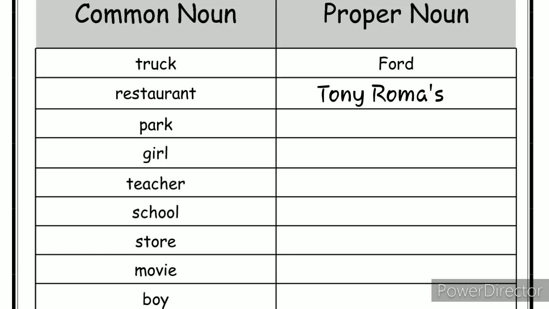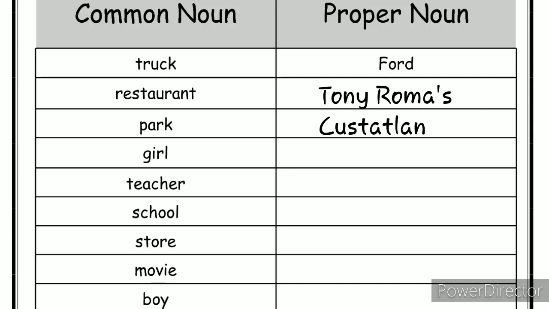Now we have park. Now we have so many parks here in El Salvador that we would be specifying by putting a name of a park that we well know. For example, Cuscatlan. That's one of the parks that we have here in our country, and that would be known as a proper noun.